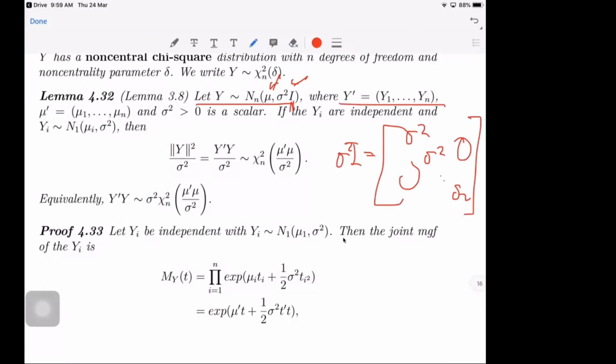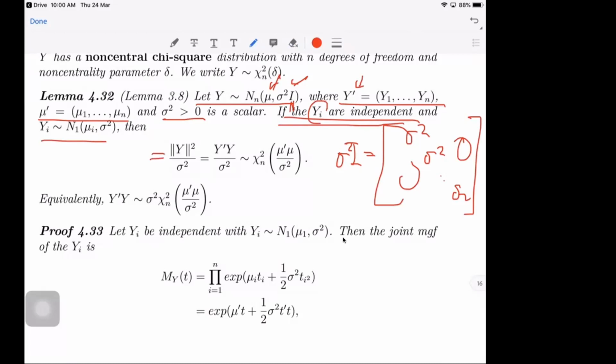Okay, so this is your vector y. I just wrote the prime because it is written horizontally, and you have your mean vector here. Sigma squared is just a scalar. There are very important assumptions for chi-square before you can conclude that it is a chi-square: each of the yi must be independent, and each of the yi must be normally distributed.